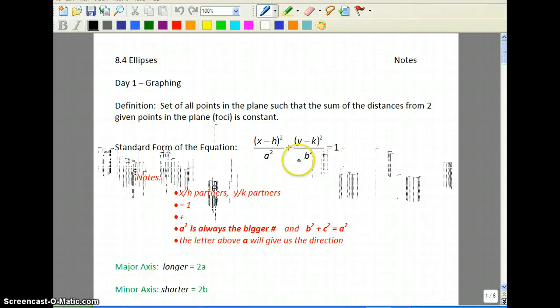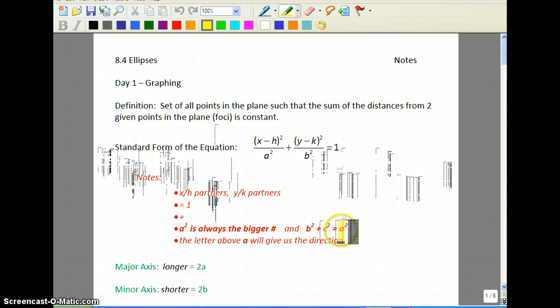Standard form of the equation, again, you have these bottom numbers, which we are going to call a and b. It's a plus sign, and it needs to equal 1. Things to know: x and h are still partners, y and k are still partners, because (h, k) will always be the center of the ellipse. It has to be equal to 1, and it needs to have a plus sign.